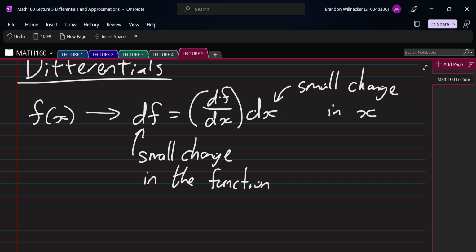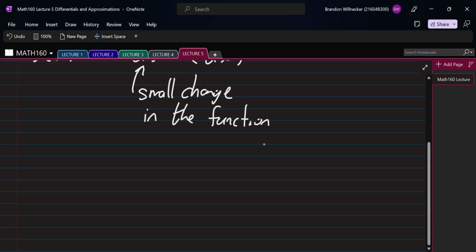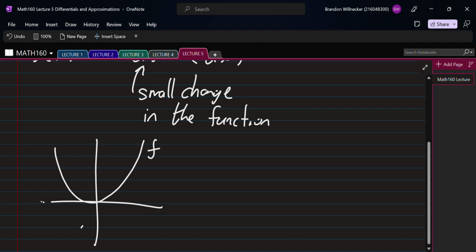What we're going to do now is use this differential to make two approximations. The first one is to find a linear approximation to a function at a given point. In other words, we're going to find the tangent line. Given some function f, if we have the tangent line at a certain point P, then if we are slightly away from P, the tangent line is still very close to the function.